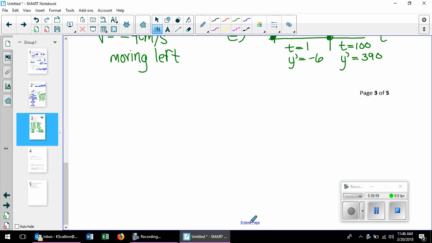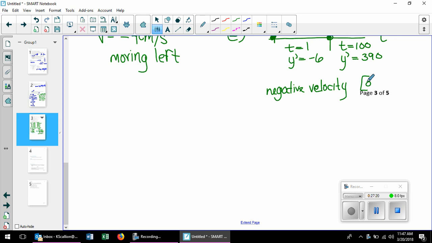Intervals is the one that you always use, or do you want to use set for fancy brackets? Both. Okay, so when you have a negative velocity, t has to be, should it be 0?